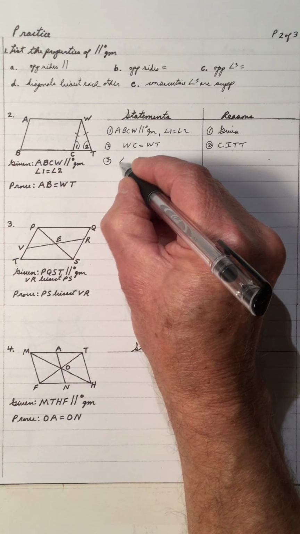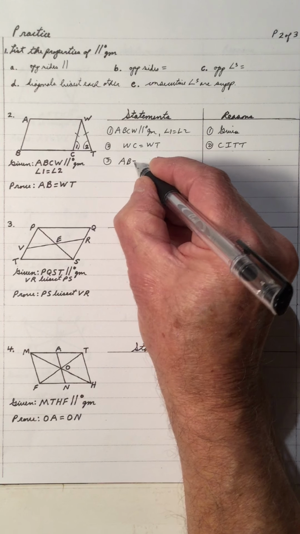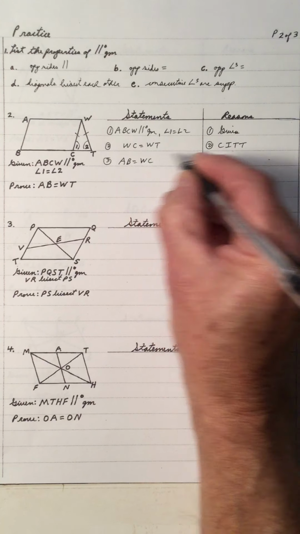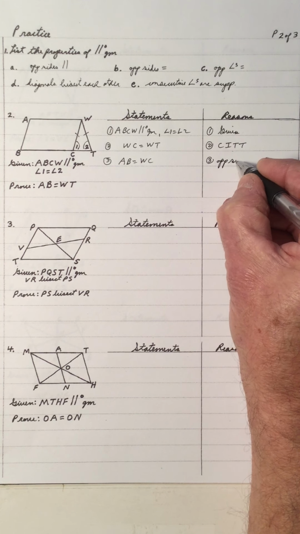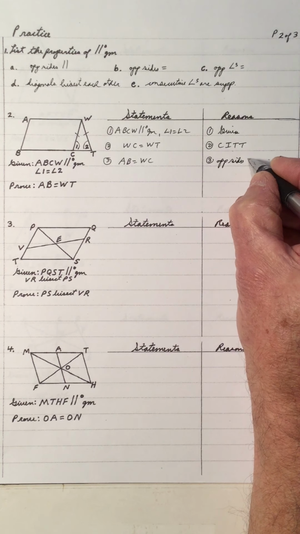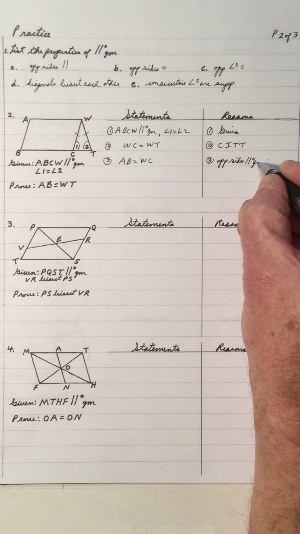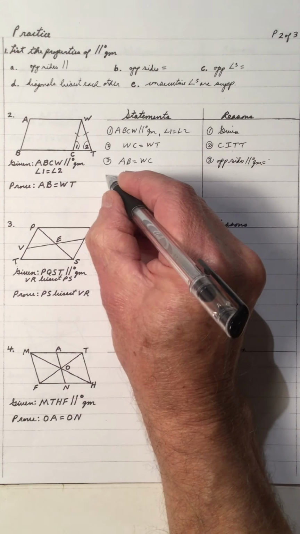Number 3, AB is equal to WC, opposite sides of a parallelogram are equal.